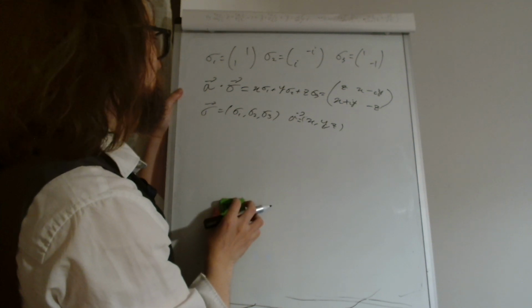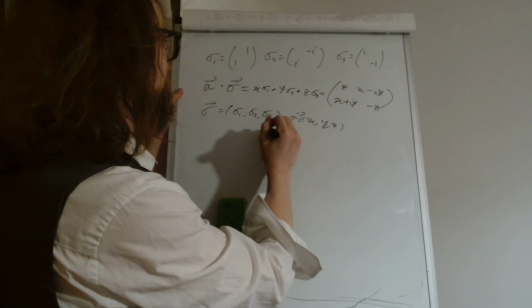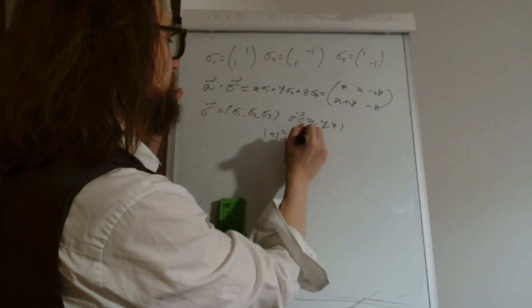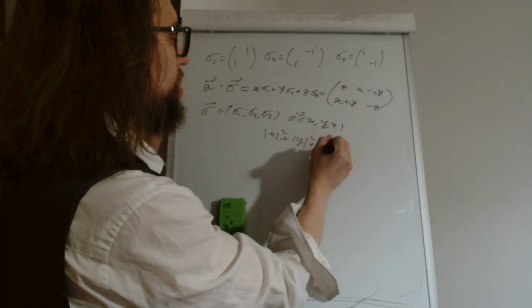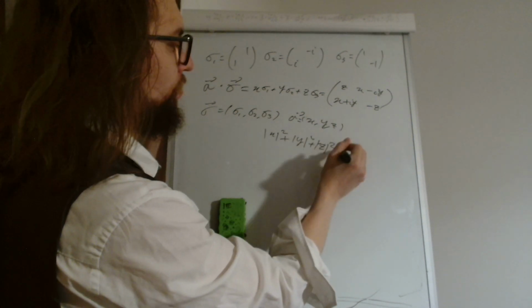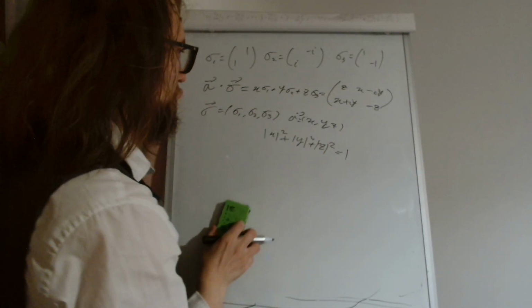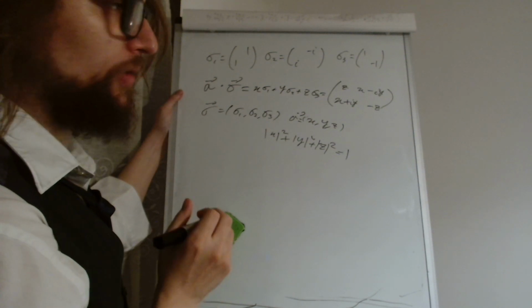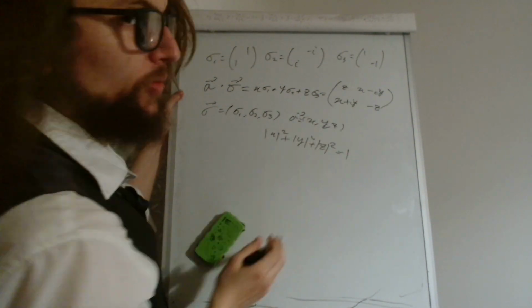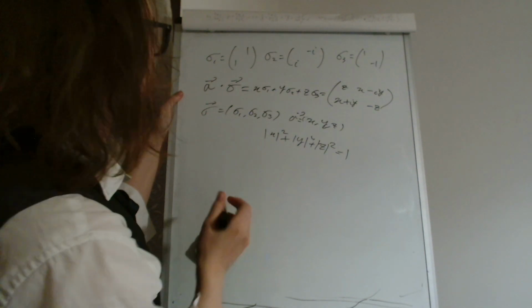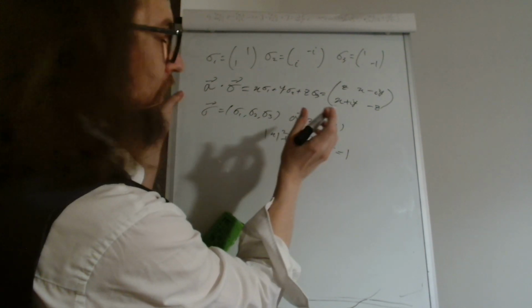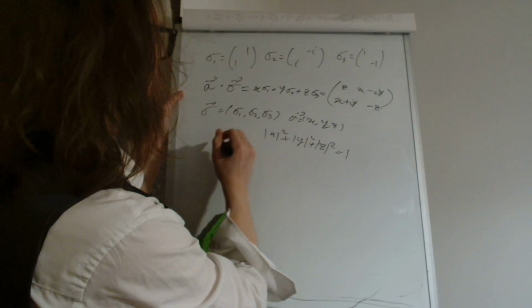And we have x squared plus y squared plus z squared, the sum of the moduli squared, equals 1 by hypothesis. Now, this matrix always has eigenvalues plus 1 and minus 1. In fact, we can calculate them directly.